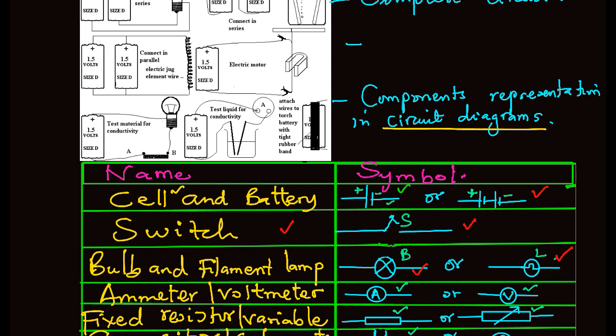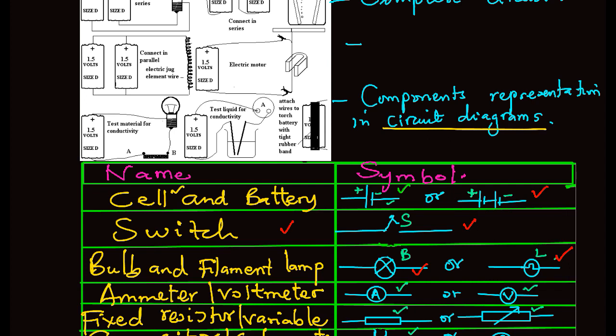We also have the ammeter and voltmeter. Ammeter is used for measuring the amount of current flowing in a circuit, while the voltmeter is used for measuring the voltage. Current is the flow of charge.